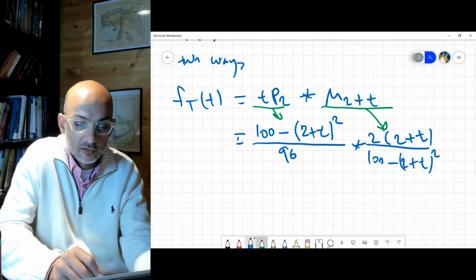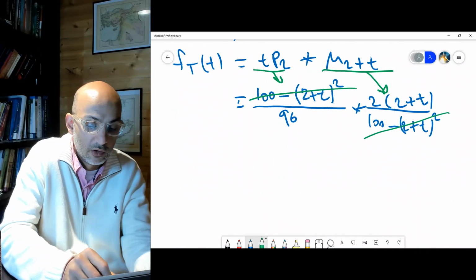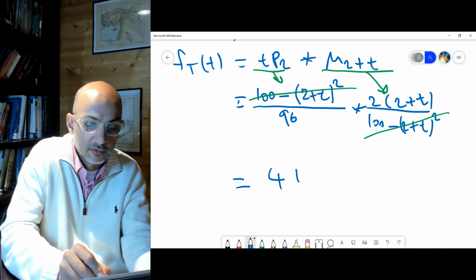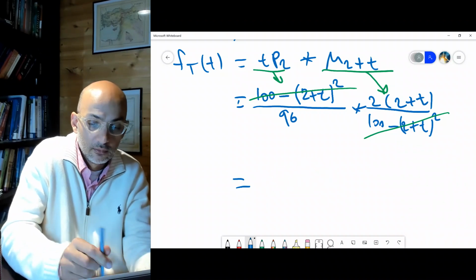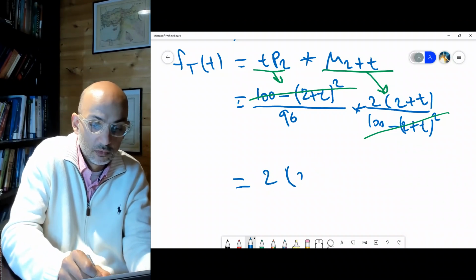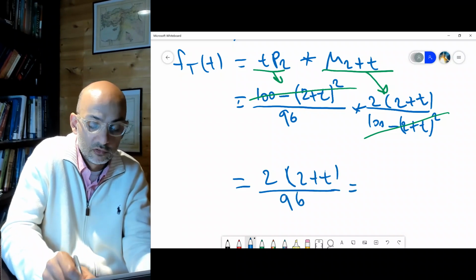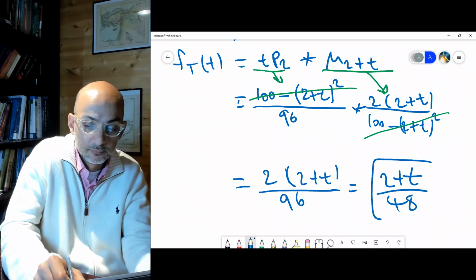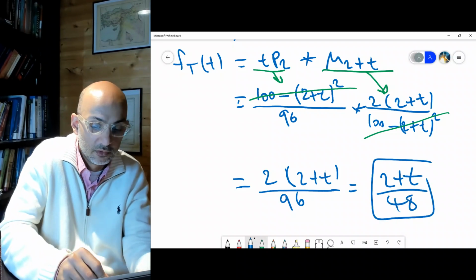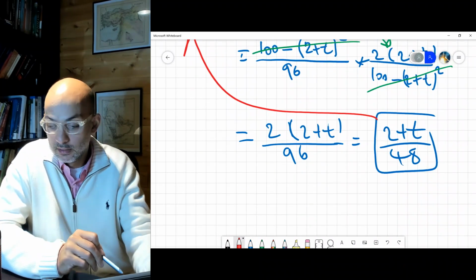So now it's easy because you can recognize this and cancel it out. What you are left with is 2 plus t divided by 96, which is 2 plus t divided by 48. And this is your ft, the density function, right? It's simple.